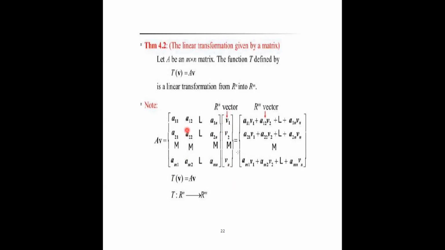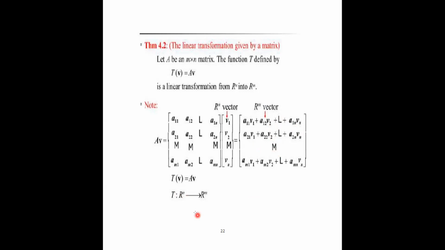If we multiply these two, the resulting matrix will be of order m by 1, that is again a column matrix. The resulting matrix is written over here, with continuation in the row and in the column.